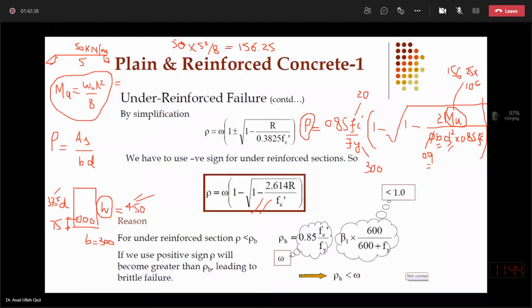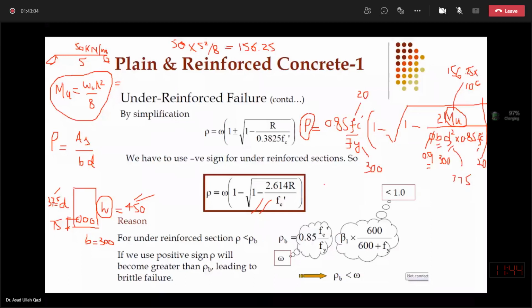In this problem, I am using the same 300, and D from my previous solved problem, I am using 375, then 0.85 FC prime 20. So can you tell me what is the rho?